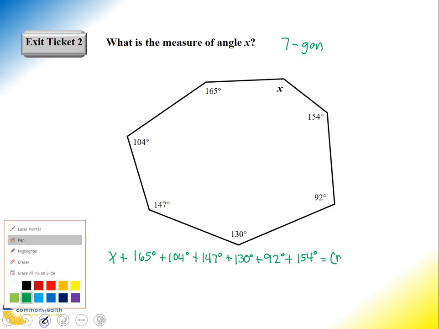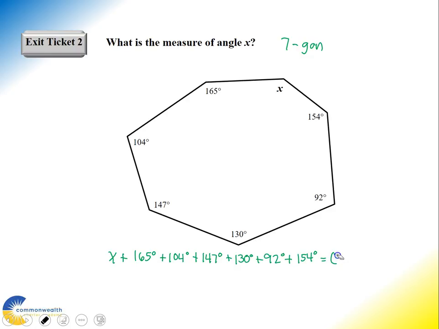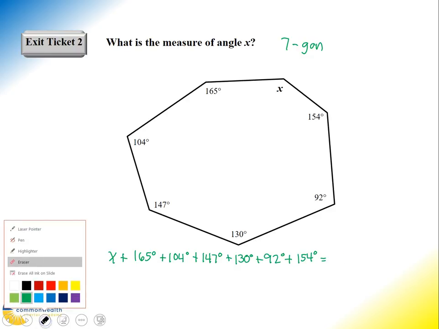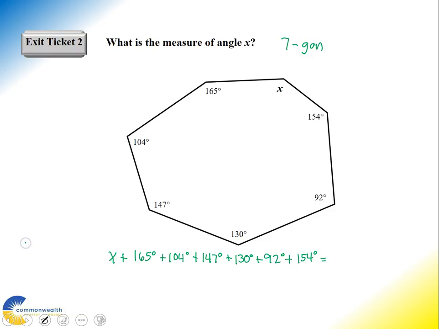Well, n in this case, I was going to write n again, but we know what n is, since it has 7 sides and 7 angles for that matter. That's going to be 7 minus 2 times 180 degrees.